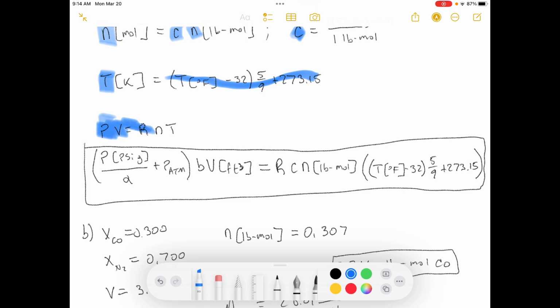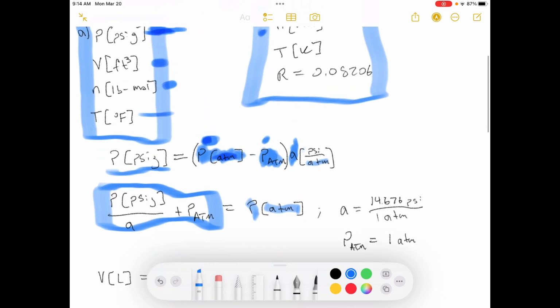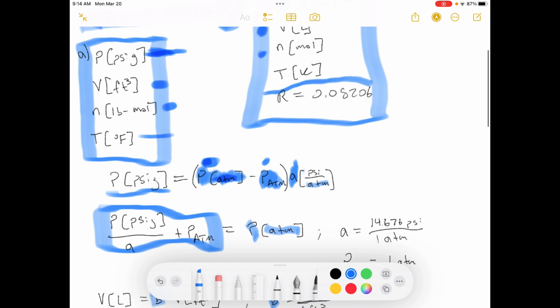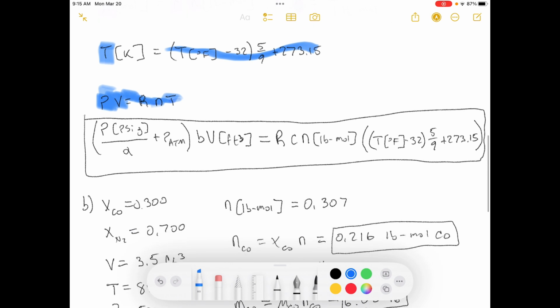And this is what we started with: PV equals nRT. That's the ideal gas law. Remember, I wrote R up here, R right here. Okay, so then we just substitute in all the values that we had. So this was our pressure, this was our substitution for the volume, a substitution for the moles, and a substitution for the temperature. And that's it for part A.